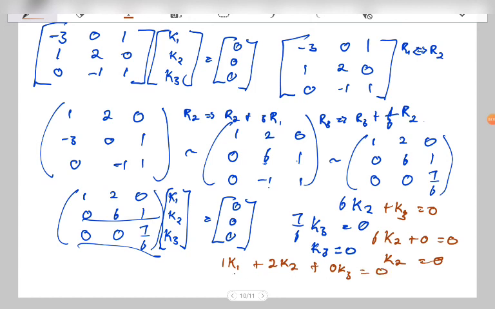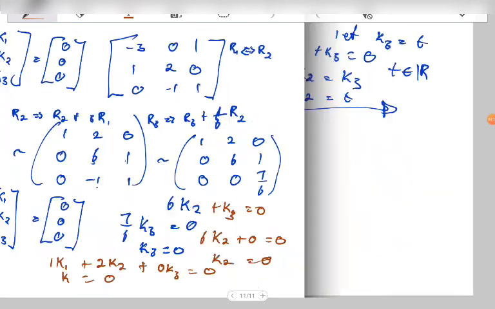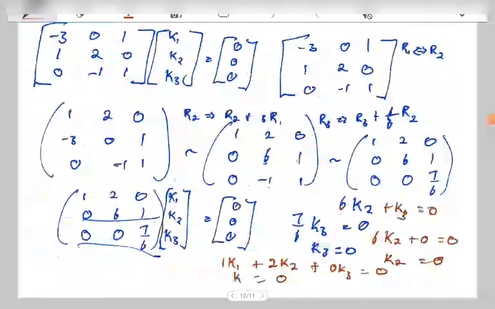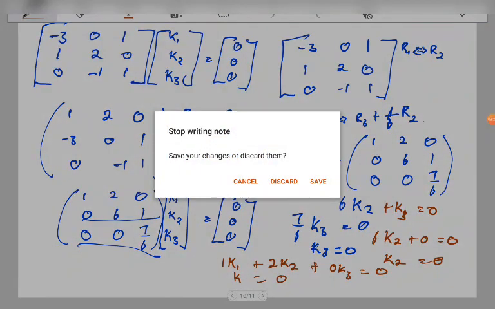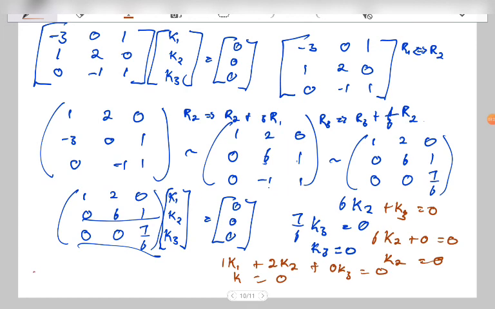So the only solution that you have is a trivial solution. So if you have only a trivial solution, you're going to say that this system of vectors is linearly independent. So the vectors are linearly independent. Okay, so we are done.